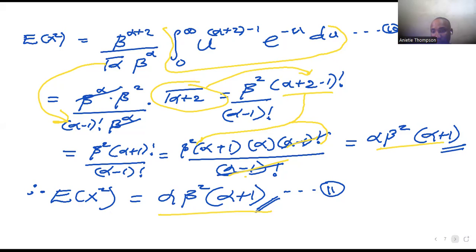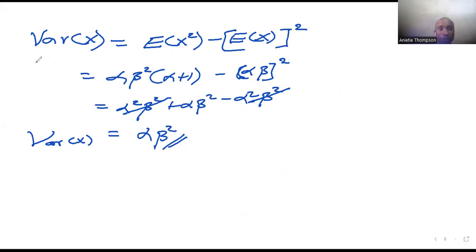So the next thing is to substitute that value into the variance formula. So putting it in the variance formula, we put here and we drop the expectation of x. Remember, it was equal to alpha beta. So substituting it in where we have the expectation of x, we have alpha beta all squared, which becomes alpha squared beta squared. And then we open this bracket, this time we have alpha squared beta squared plus, this time, alpha beta squared.